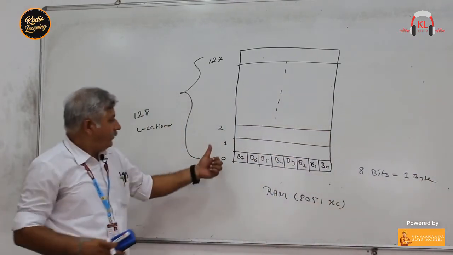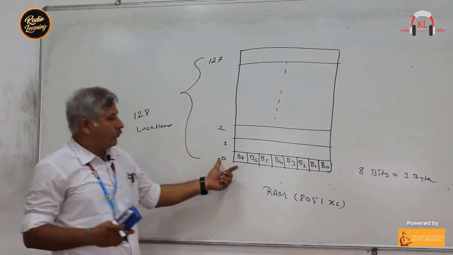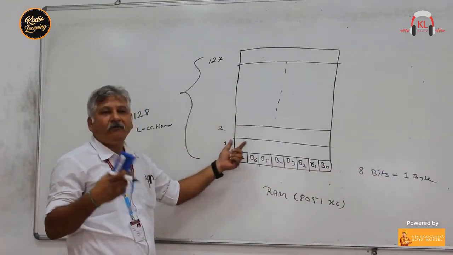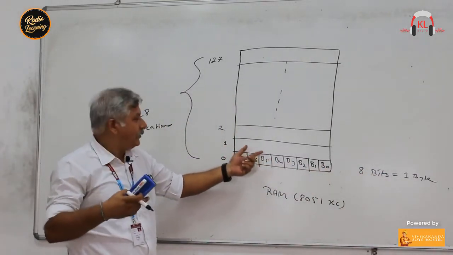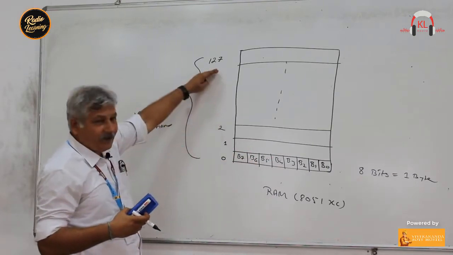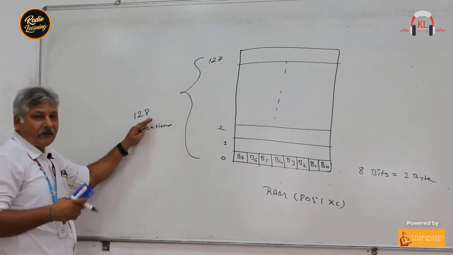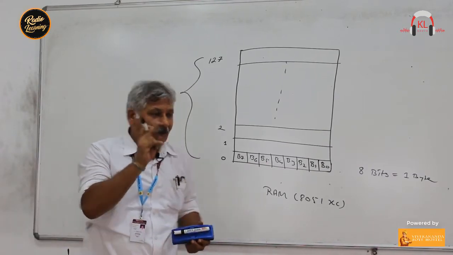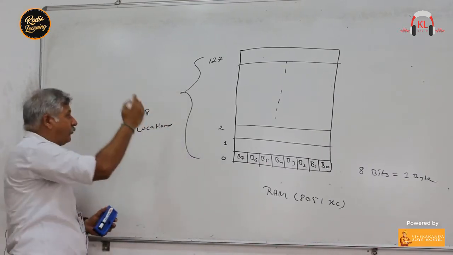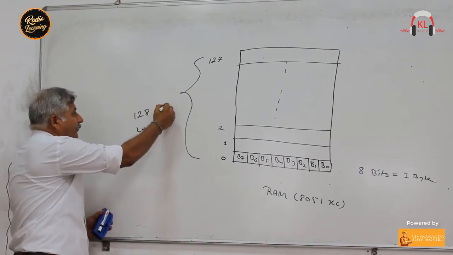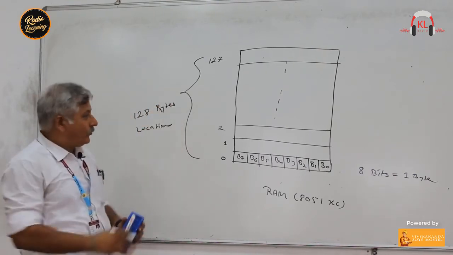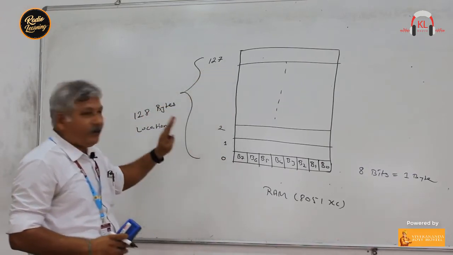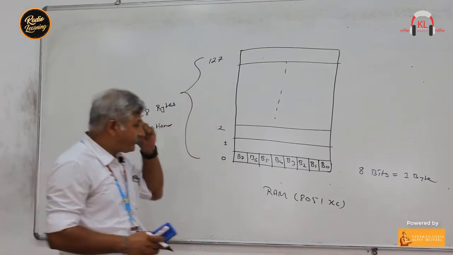So at the first location you can store 1 byte, at the second location another 1 byte, so total 2 bytes. How many locations are there? 128 locations. At each location, how many bytes can we store? 1 byte. So in total, how many bytes can we store? 128 bytes, from location number 0 to location number 127.